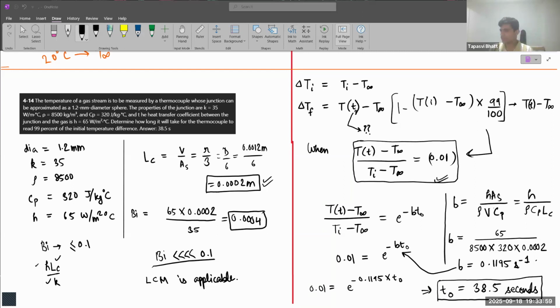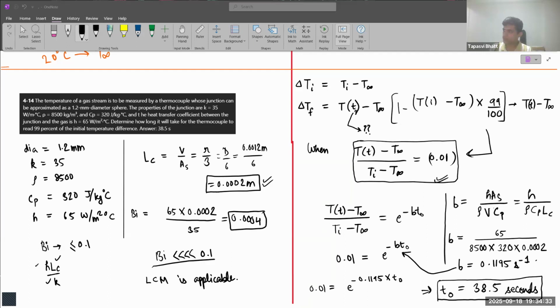Now, the language was a bit confusing when they said how long will it take for the thermocouple to reach 99% of the initial temperature difference. But from that, we inferred that what they are trying to say is this equation. From this, the calculation was very easy: directly e to the power minus B t naught, because the lumped model was apt. And from this, we calculated t naught.